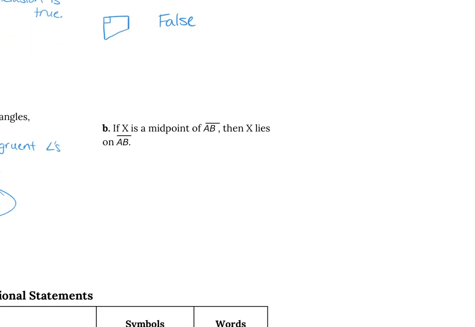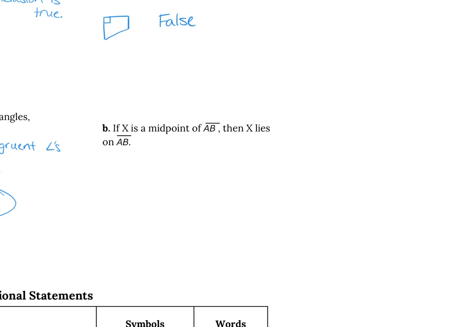Right. B, if X is a midpoint on AB, then X lies on AB. So our hypothesis is that X is a midpoint of AB. Our conclusion is that X lies on AB.